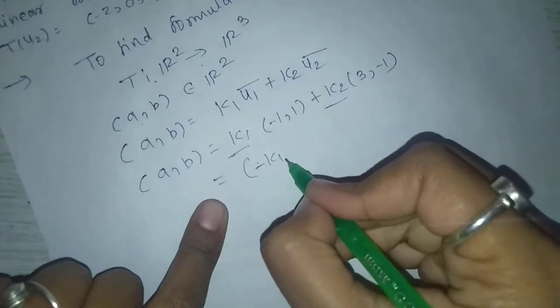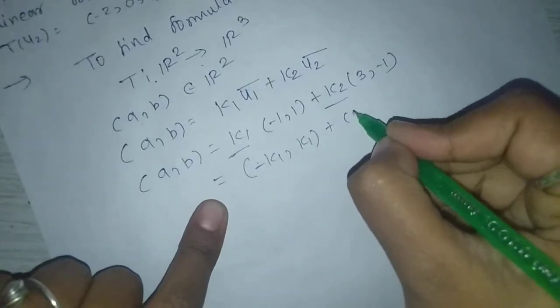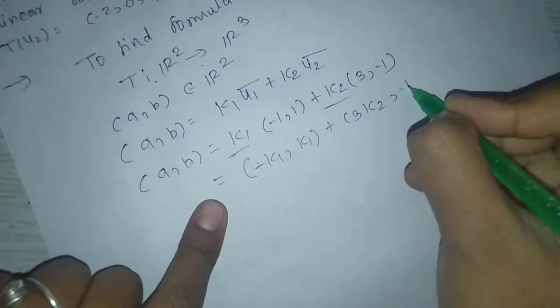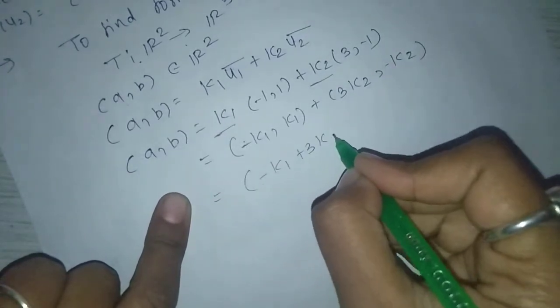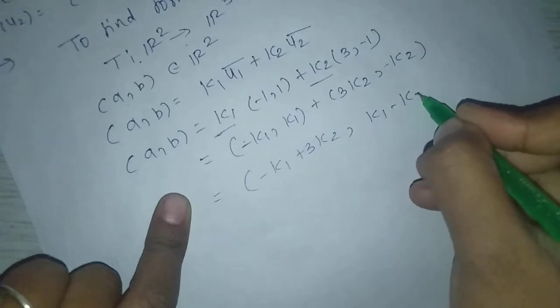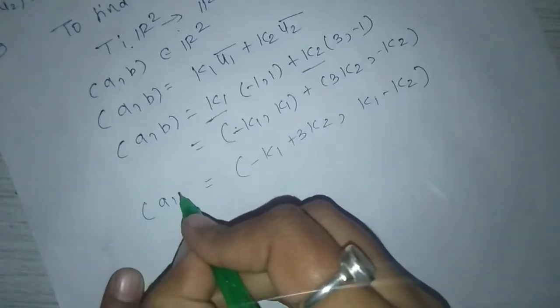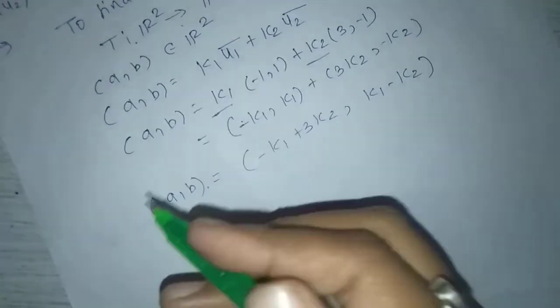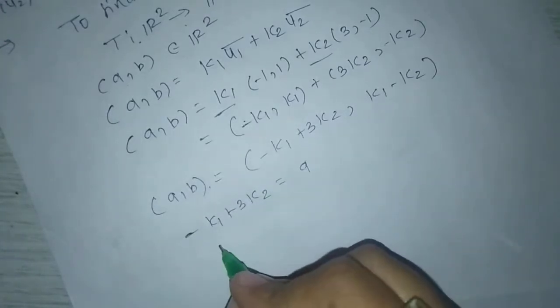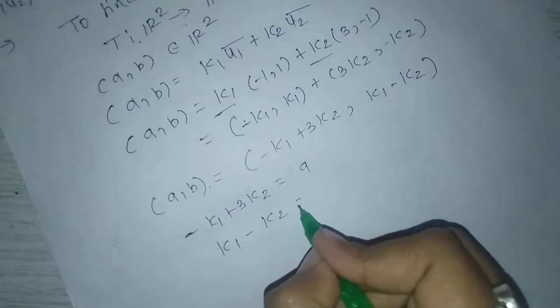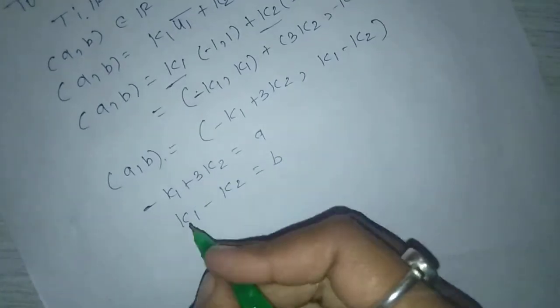To find k1 and k2, first simplify this term. We get minus k1 plus 3k2, k1 minus k2. Now comparing these two, we get minus k1 plus 3k2 equal to a, k1 minus k2 equal to b.